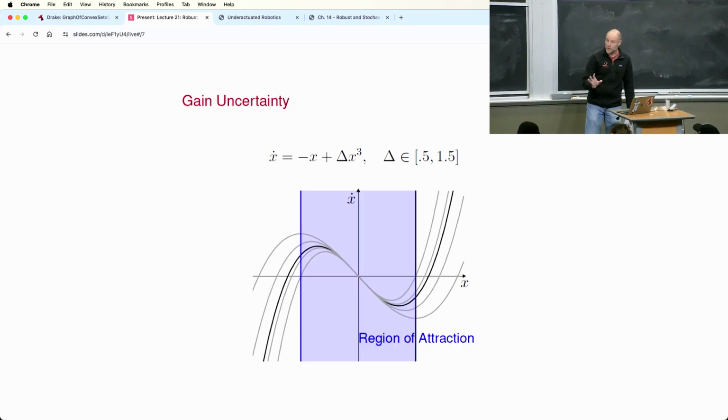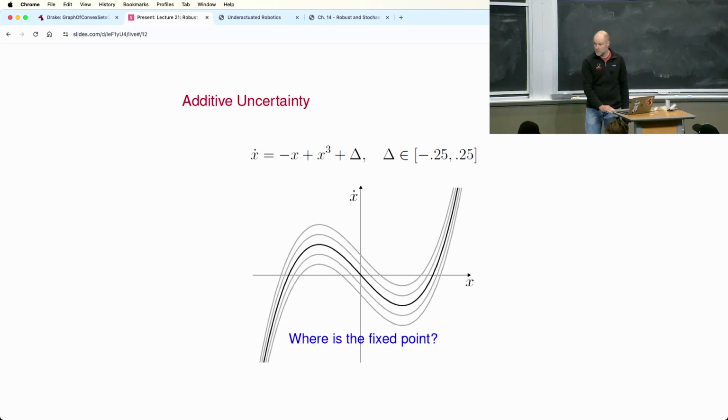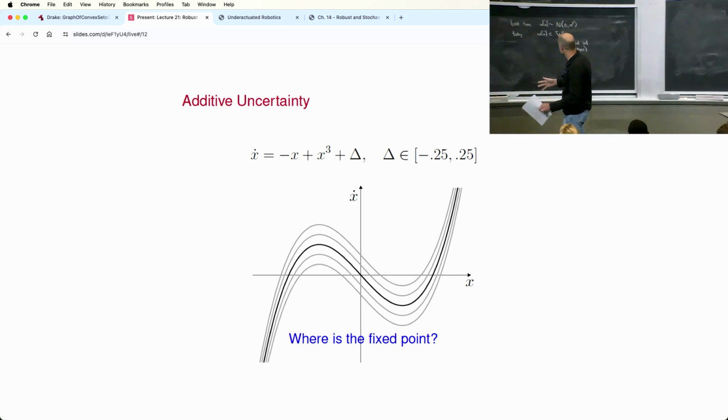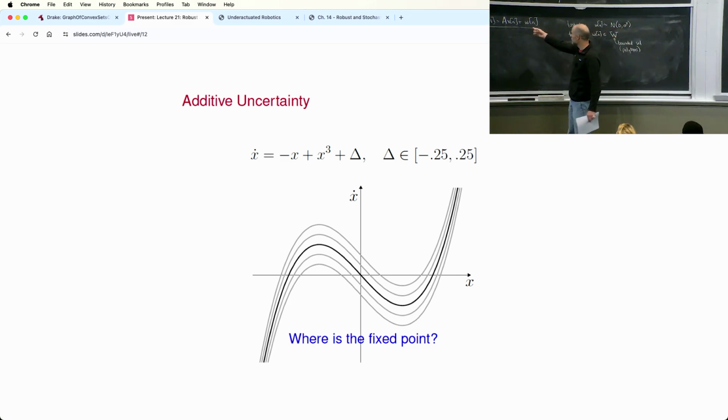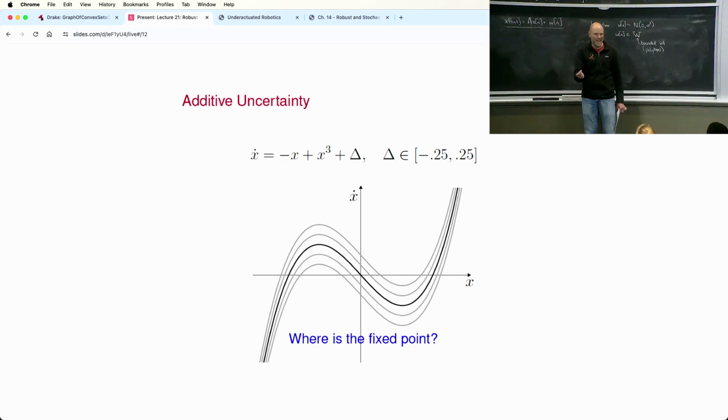And you could talk about region of attraction of the fixed point. But remember, the additive uncertainty case is kind of a weirder case. The additive uncertainty is moving the curve around all over the place, right? So the notion of the fixed point is kind of broken. Asking a system that has this sort of additive worst case noise to go to a fixed point is kind of a bad question.